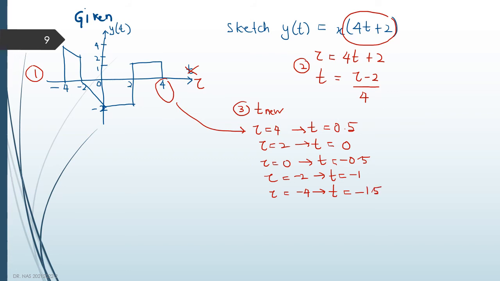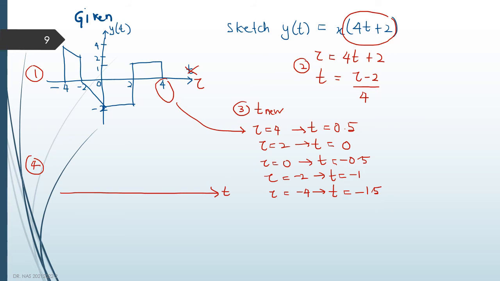Okay, next step, you need to put all the new t values onto the axis. This is the fourth step. Just draw the x-axis. It is now new t.